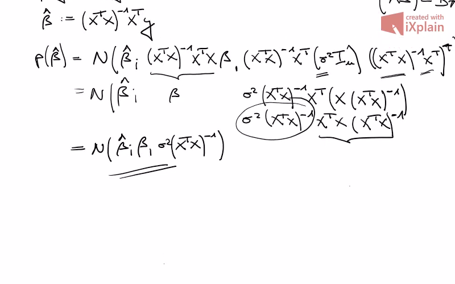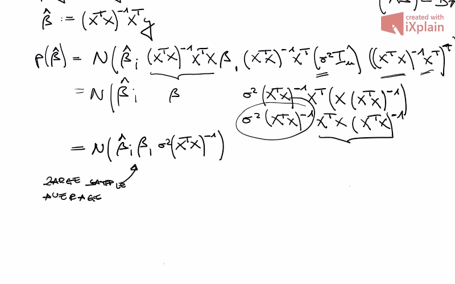So this is the distribution we get for the beta parameter estimates. And this already, if one just looks at it, has definitely two implications. So first of all, large sample average.